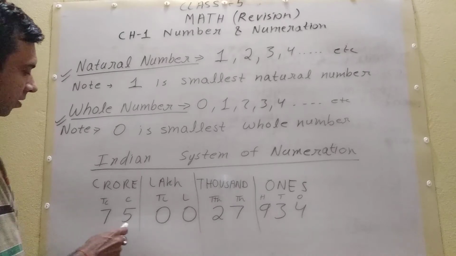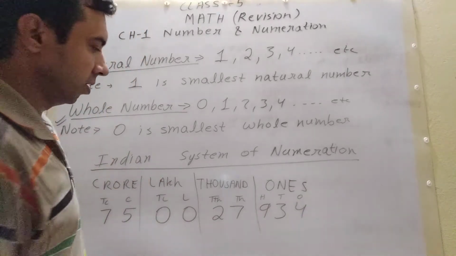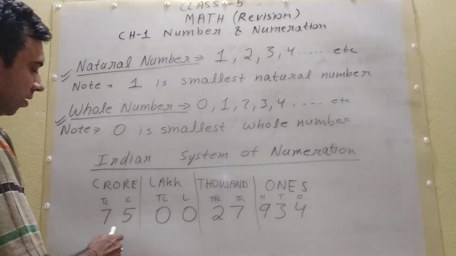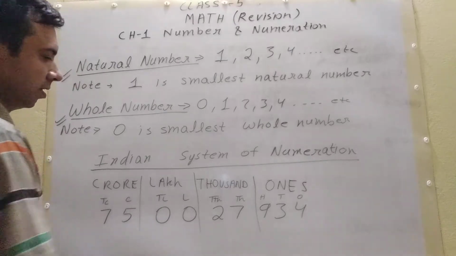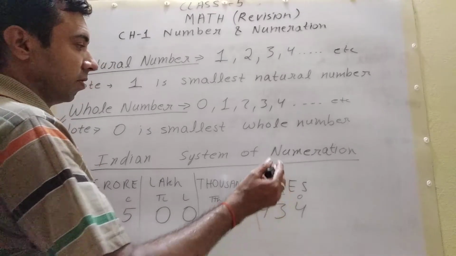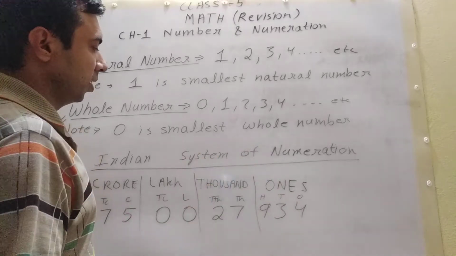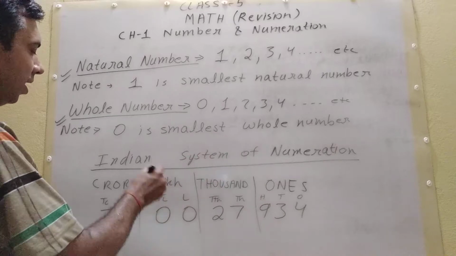Here I have written 75002793 students. It is a 9-digit number: 1, 2, 3, 4, 5, 6, 7, 8, 9. Students, in the Indian system of numeration, periods are divided into ones, thousand, lakh, crore.